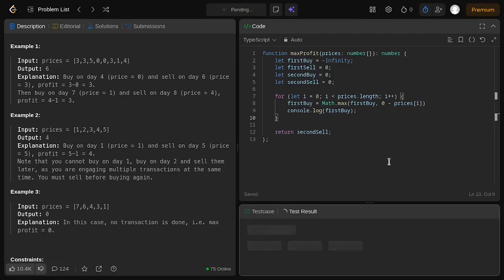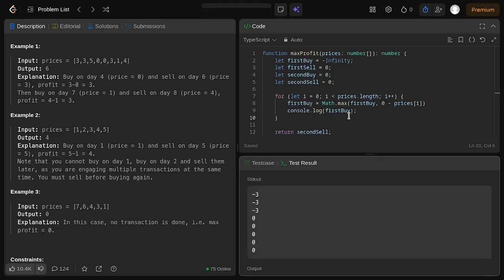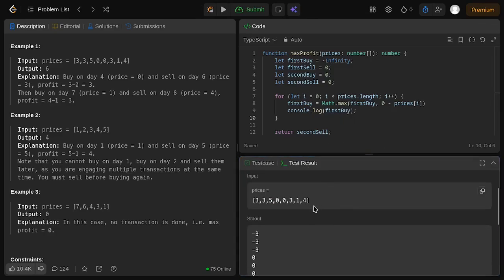And let's run this to see the console.log of the first buy. And we have the value of negative 3, and then negative 3 again. On the first iteration we have the value of negative 3.